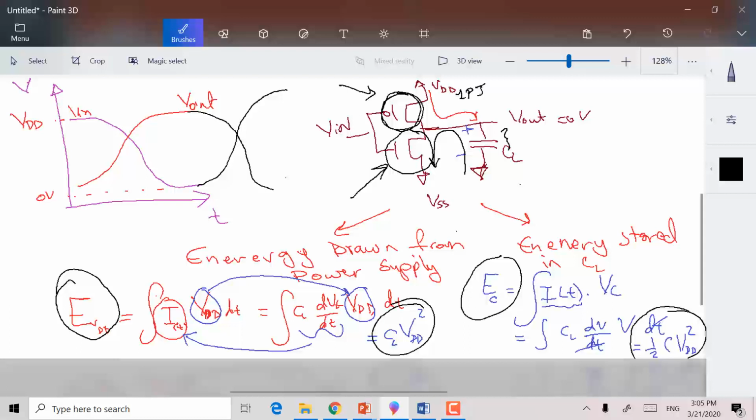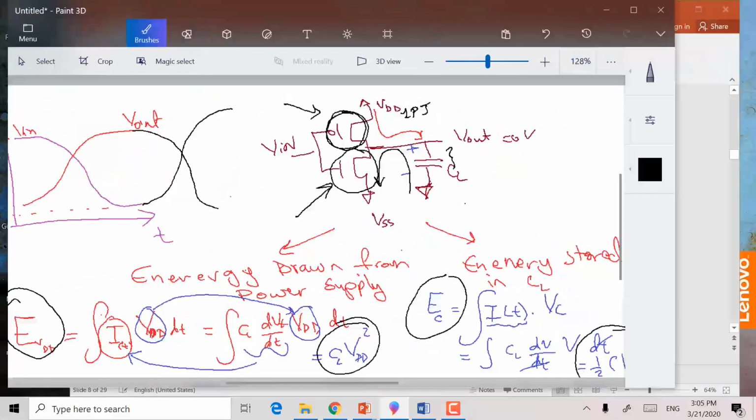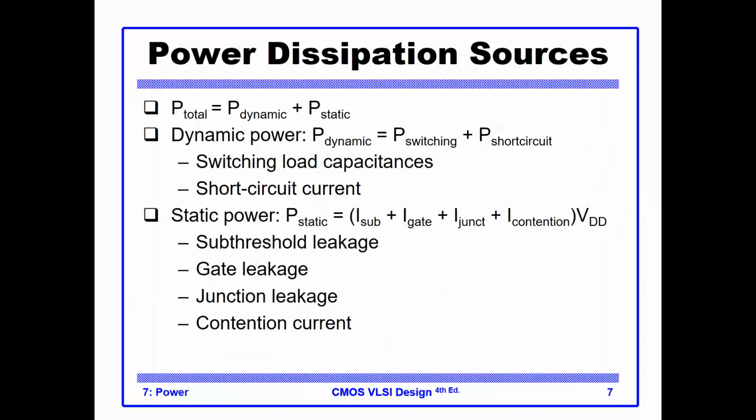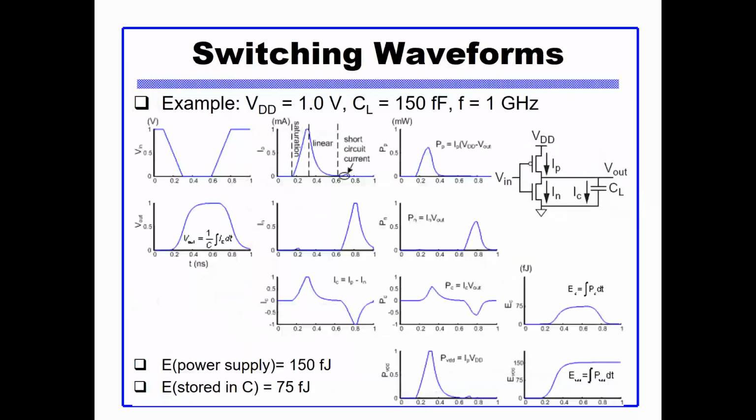Now, there's an interesting diagram here. Let's go back to the presentation. It shows a device here, an inverter, and the input to the inverter, which is right here, and this is the output, which is right here.